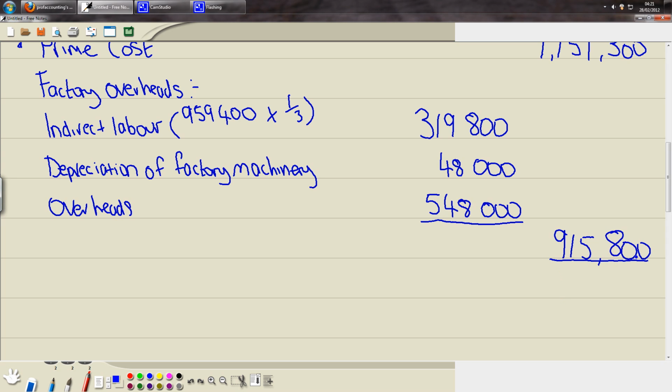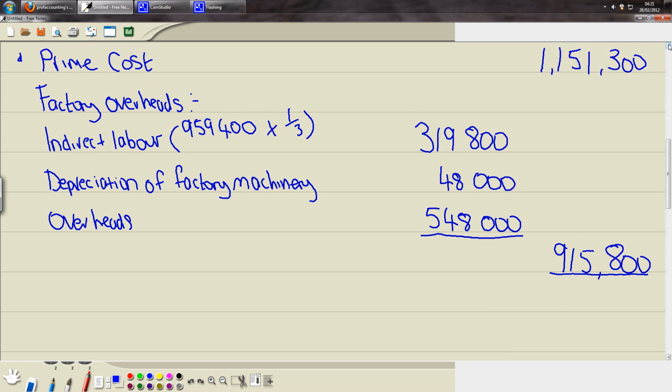Okay, so next step is just to look at the totals that we've got here so far. So let's move up slightly. We've got the prime costs here, and then this is the overheads. So in this case, remember, we're building up cost. So this is prime cost plus factory overheads. So we get an increased value. So we add them together, and let's be careful with the maths.